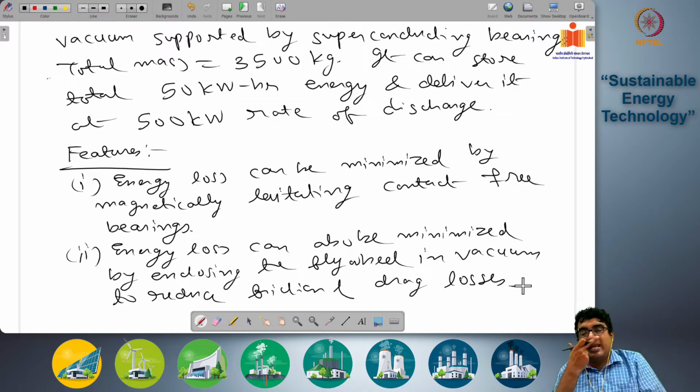So another issue with a moving system is there is frictional loss due to air drag. So if you locate them in vacuum, then it can reduce this frictional drag induced losses.